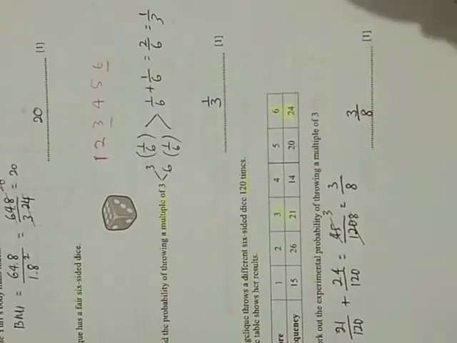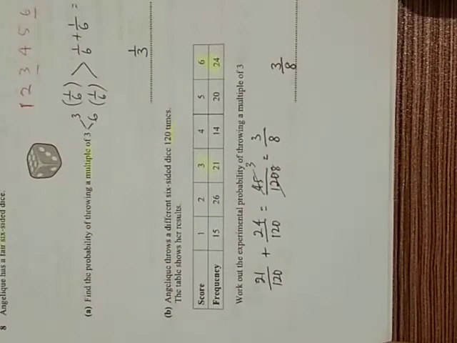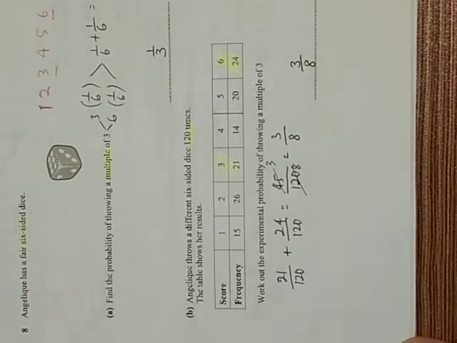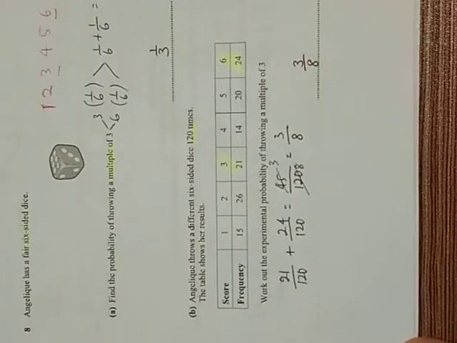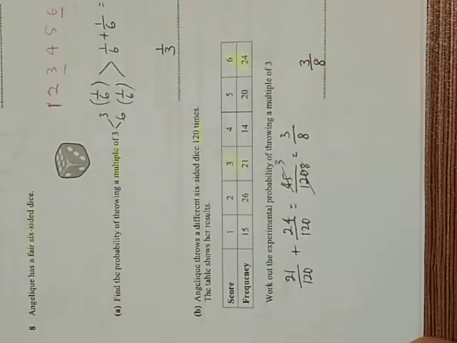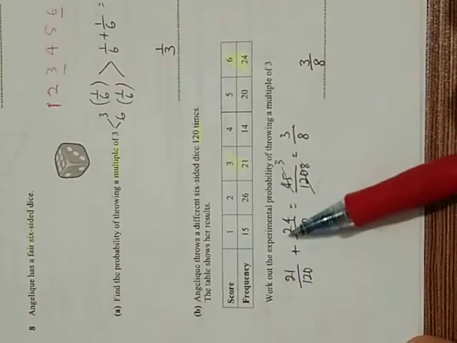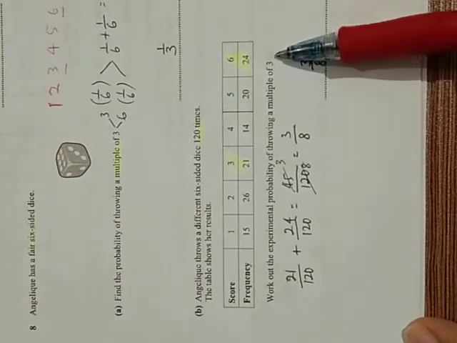Very straightforward. Now, the next question, 8b. Angelique throws a different six-sided dice 120 times. The table shows her results. Work out the experimental probability of throwing a multiple of 3.